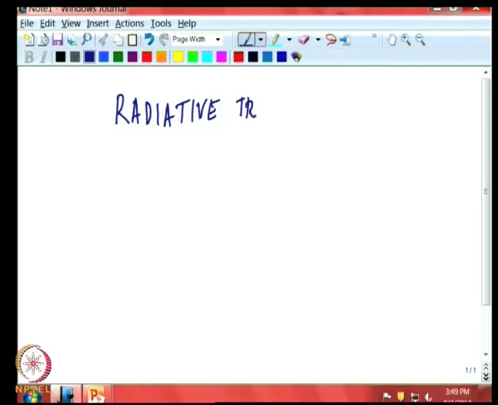Today we start a new part of the course, which is radiative transfer between surfaces.